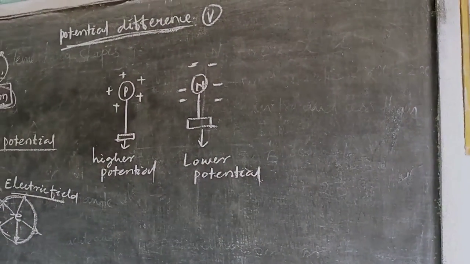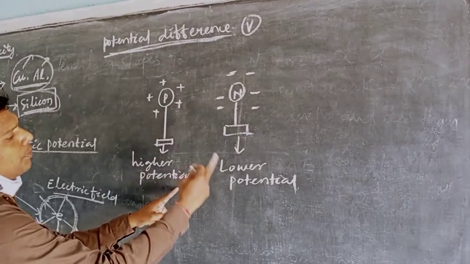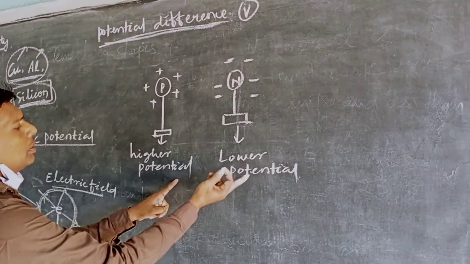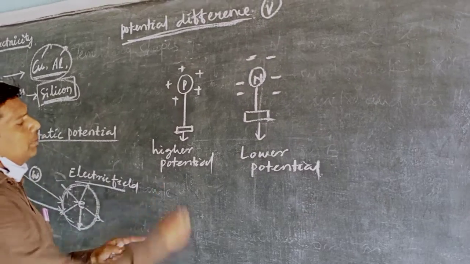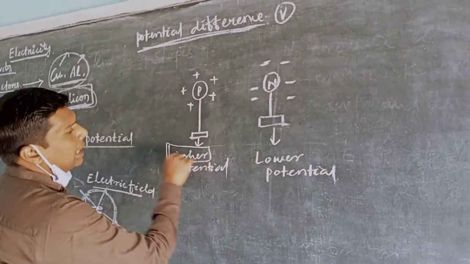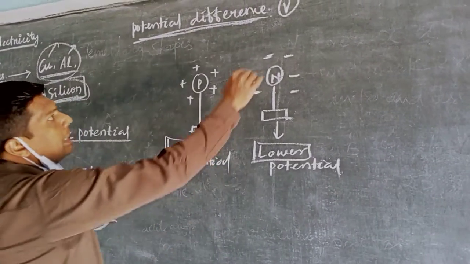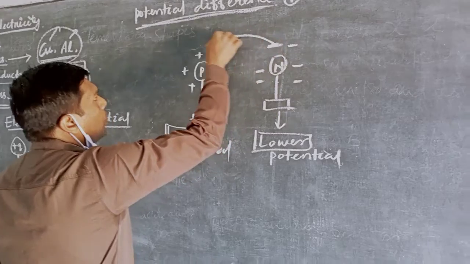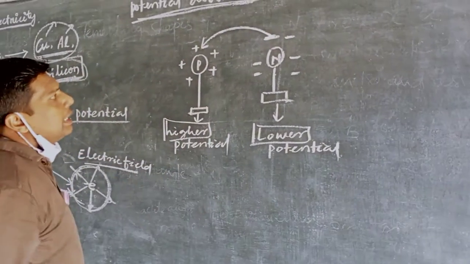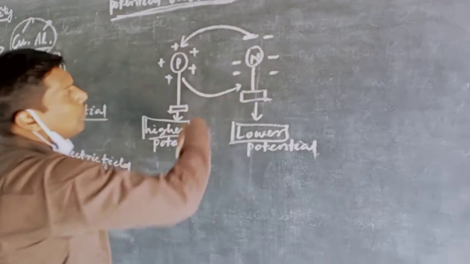So we know that when there is a potential difference, charge can flow. This is high potential and this is lower potential. In this case, electrons can flow to this side, and the protons, that means positive charge, can flow to this side.